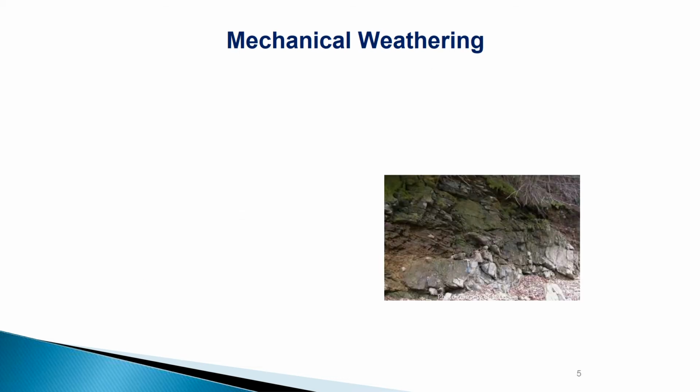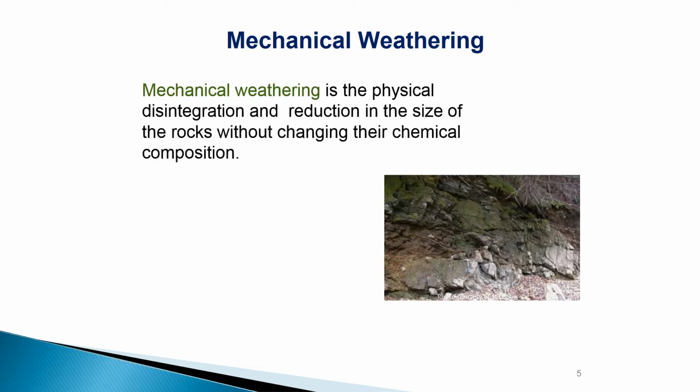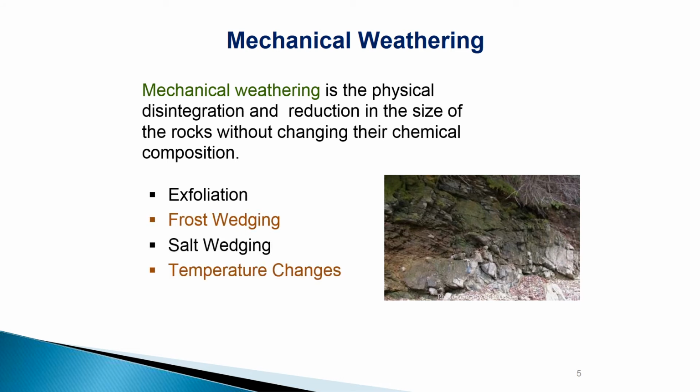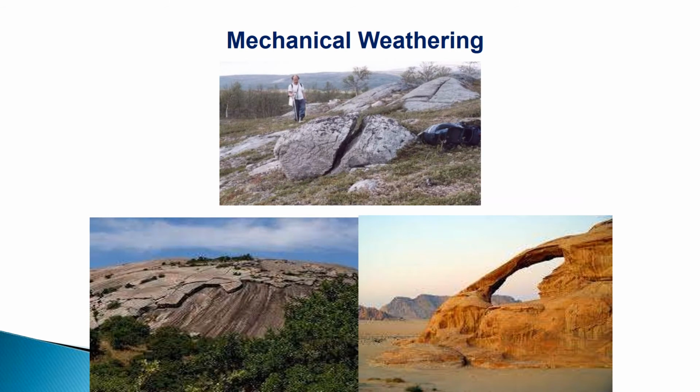So mechanical weathering is physical disintegration and reduction in the size of rocks without a change in their chemical composition. And the types of this are exfoliation, frost wedging, salt wedging, temperature changes, and these pictures show some examples of mechanical weathering.